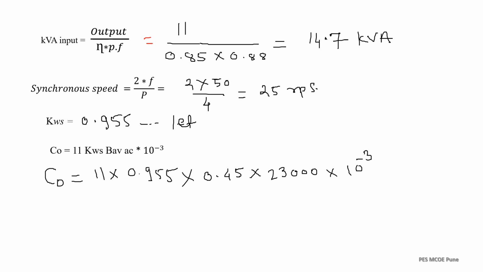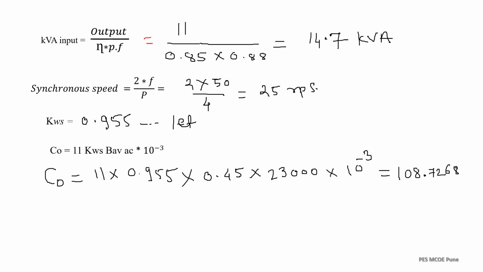By solving this expression, you will get the value of C naught, that is 108.7268. Okay, you can stop this video and calculate all these values. So it will become 108. And if there is any problem in calculation, you can comment it.